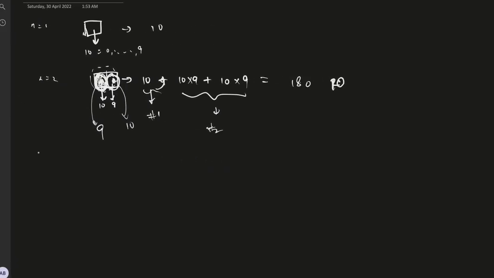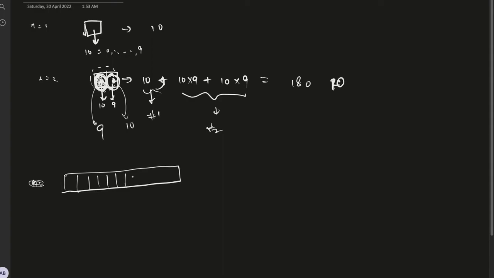Now, generalizing this idea, let's consider n places, and let's consider that we need to form a block of length k.